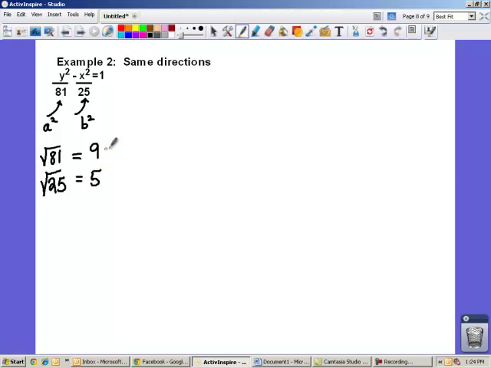Now in this case, the 9 is going to be our a, which happens to be the bigger one, and the 5 is our b. So from just this, we can find out what the focus is, the vertex, and the asymptote.